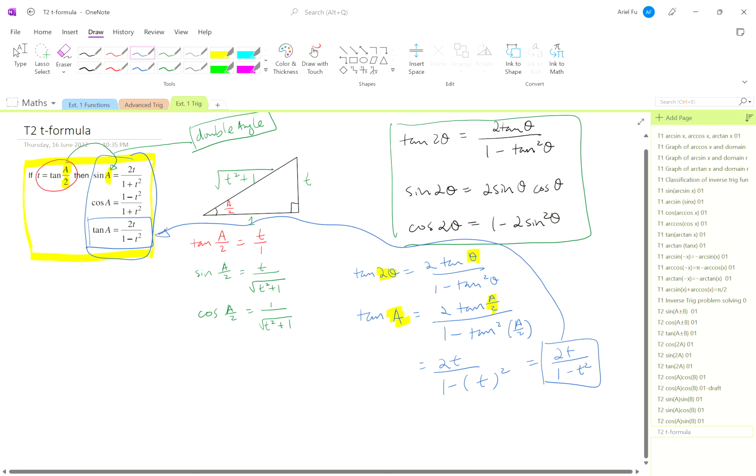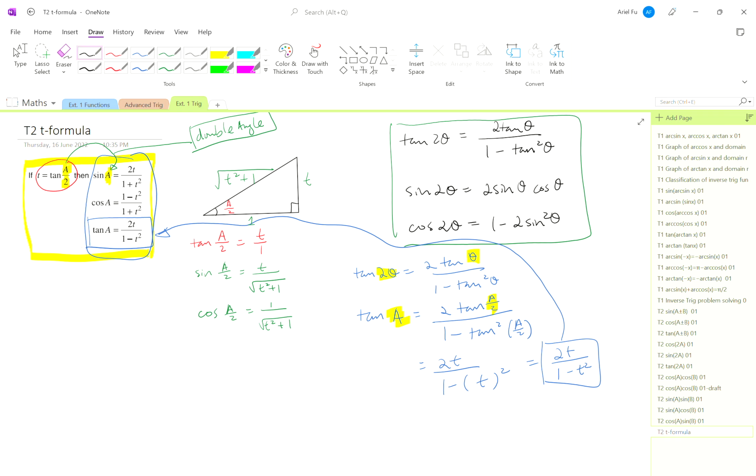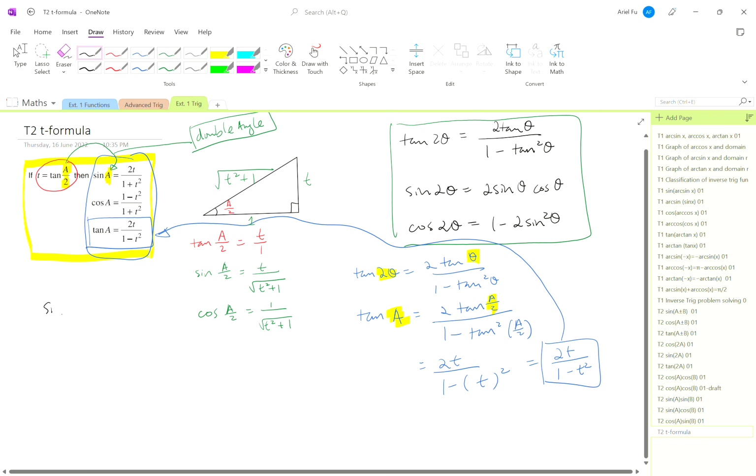Now same thing, I can play around with sine and cosine. Let's take a look at sine. What is sine 2 theta? Sine 2 theta is 2 sine theta cosine theta, which means that sine of A must be 2 sine of A on 2 times cosine of A on 2. Again, the relationship between 2 theta and theta is the same as the relationship between A and A on 2.